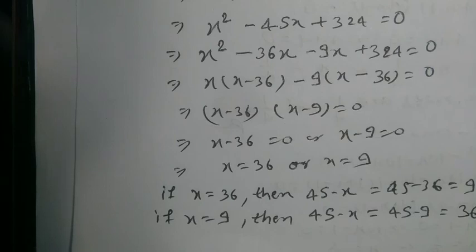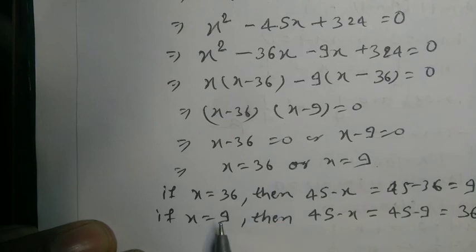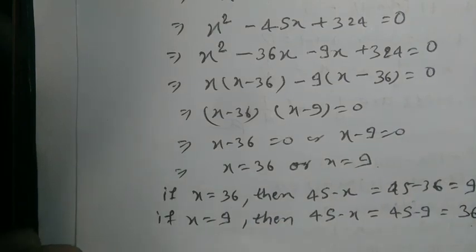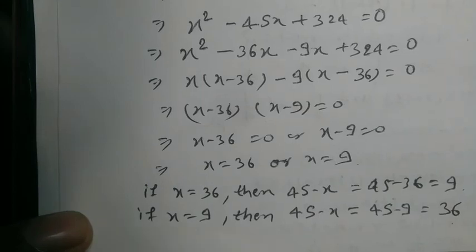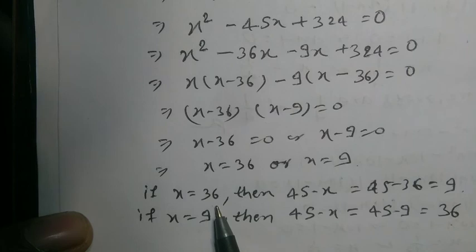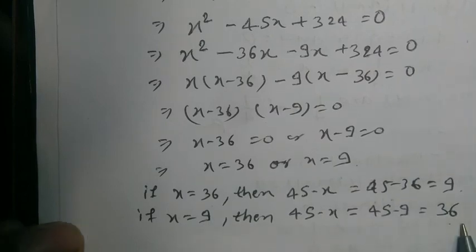Now, we are getting the same numbers. It means that if John had 36 marbles, then Jivanti had 9 marbles. If John had 9 marbles, then Jivanti had 36 marbles.